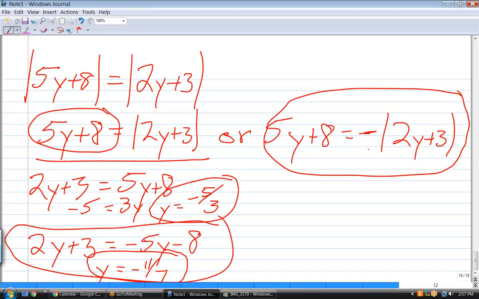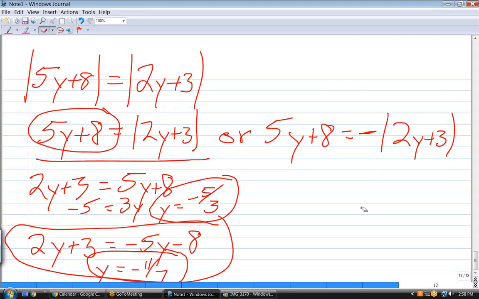What's the first thing to do? First thing to do is that I would move the absolute value sign. Well, remember, we're trying to isolate the absolute value. We want something equal to something else, like that. Well, the absolute value sign is fairly isolated. What do I have to do to make it all on its own?